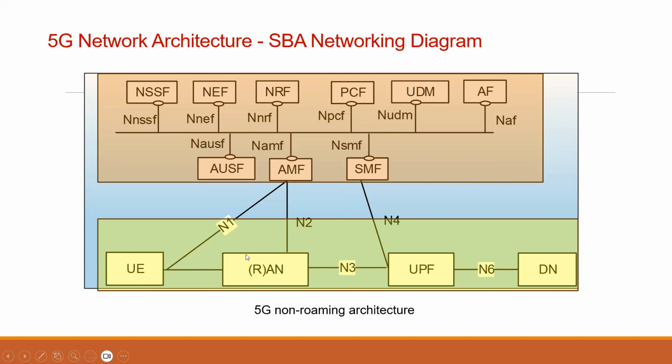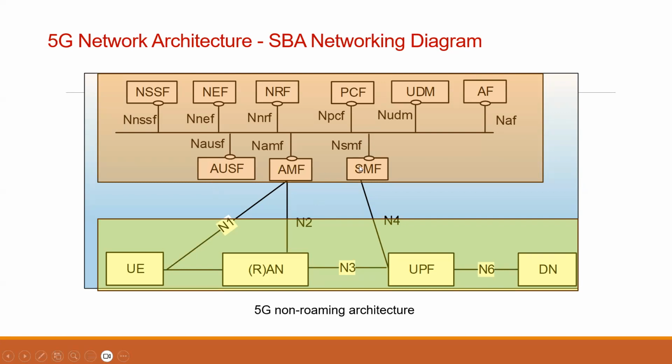The radio access network is basically 5G radio. The rest of the components are all new. Okay. If you compare it with 4G or 3G and 2G, no network element is repeated here.